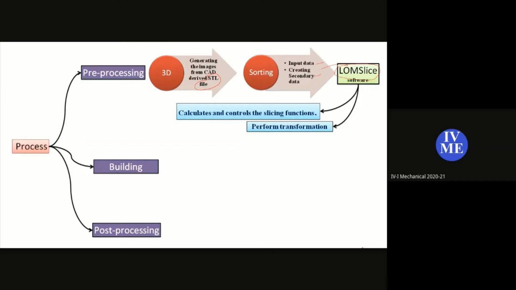So LOM slice software is used to calculate and control the slicing functions and to perform the transformations. It measures the exact height of the 3D CAD data and slices it into n number of horizontal planes. That is the advantage of this LOM slice software. It is an updation done by Cubic Technologies.